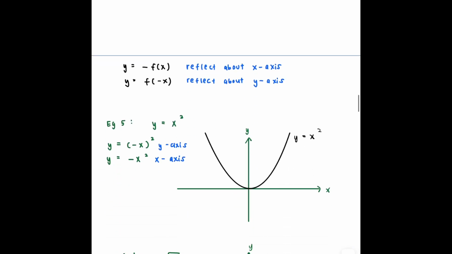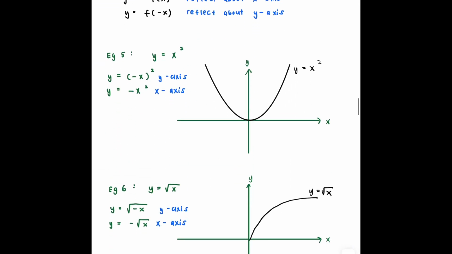Okay, look at an example. For the quadratic function, if you have y equals (−x) squared, the negative is inside the function. So your graph will reflect about the y-axis. This is your original graph, and this is your y-axis.